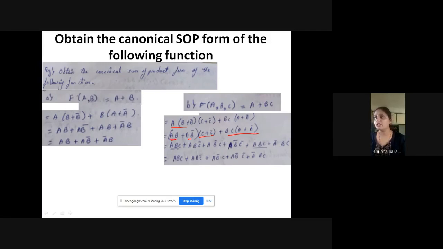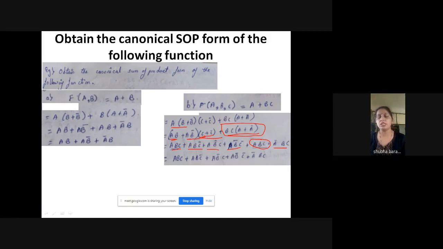Then this bracket and this bracket I'll open, so I'll have ABC plus ABC bar plus AB bar C plus AB bar C bar. Okay, and when I open this bracket, I get ABC plus A bar BC.